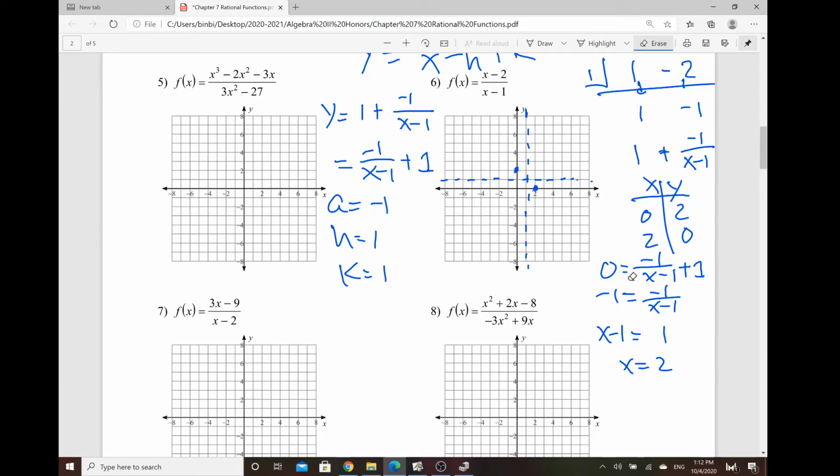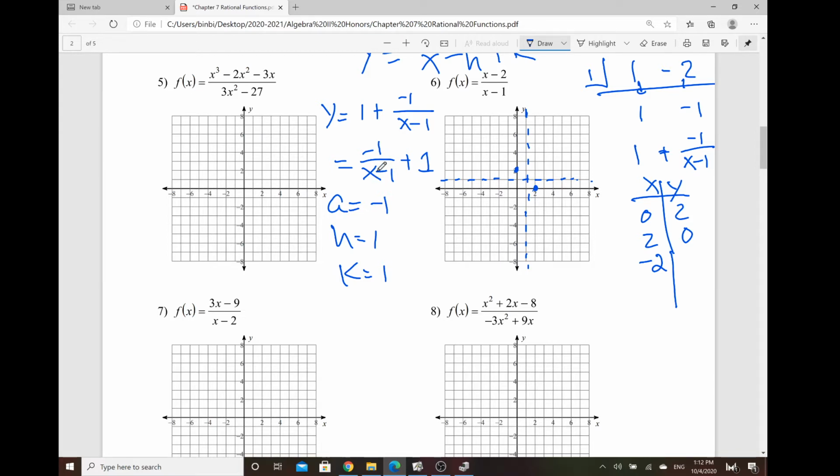Again, we need to get 2 more points. I would like to find something close to the asymptote on the left hand side, the negative region, or the second quadrant. So let's say we put in negative 2. Plugging in negative 2, we have negative 2 minus 1, which is negative 3.